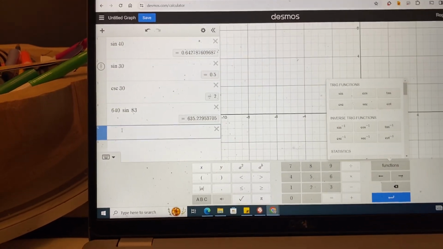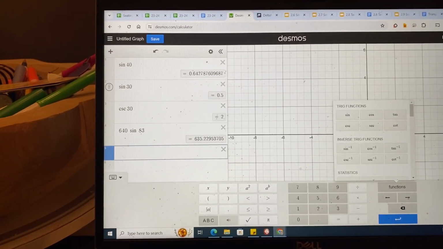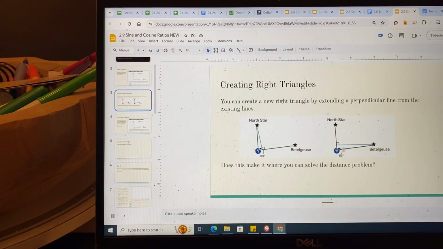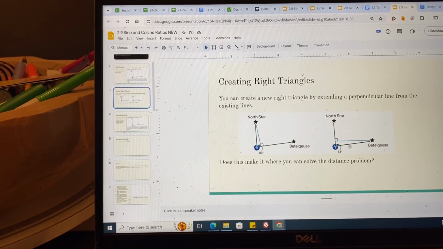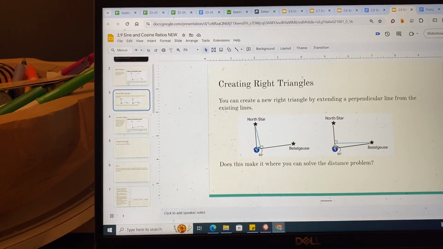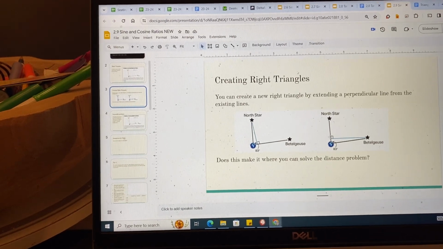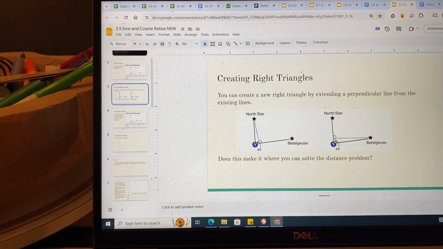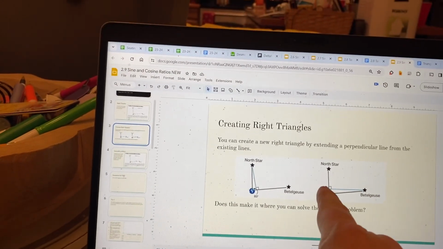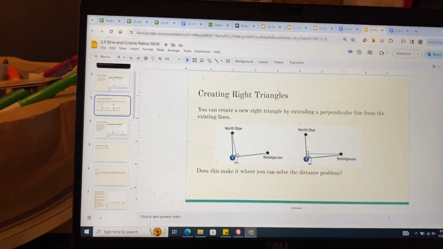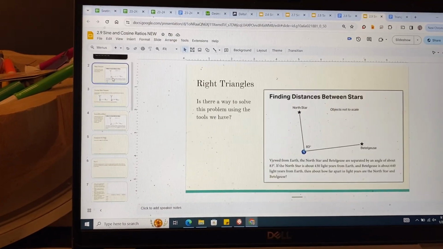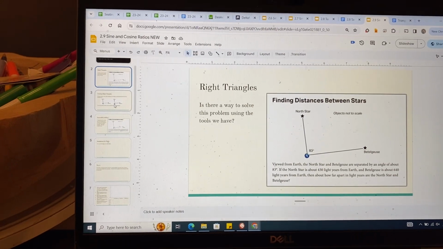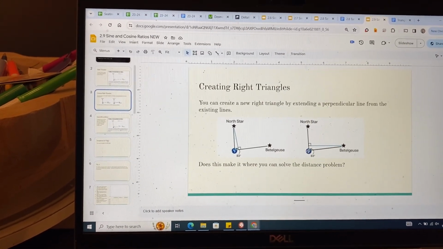Then, since I know what's going on with this picture here, I know this distance now. Now I need to get this one so I can subtract it, so I can figure out what's going on up here. I have to subtract this small distance to figure out the rest of it. So I can use tangent for that.